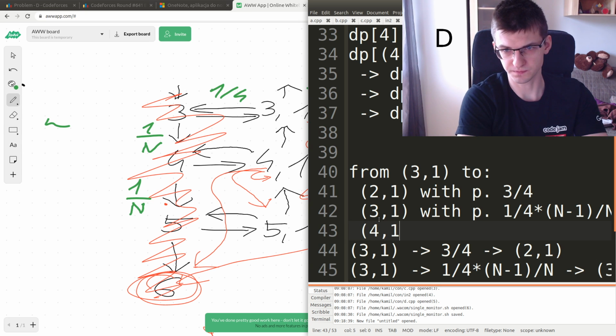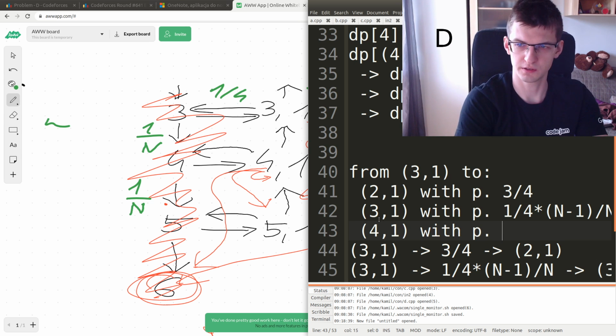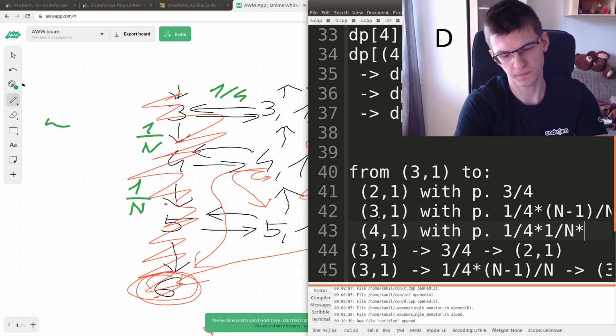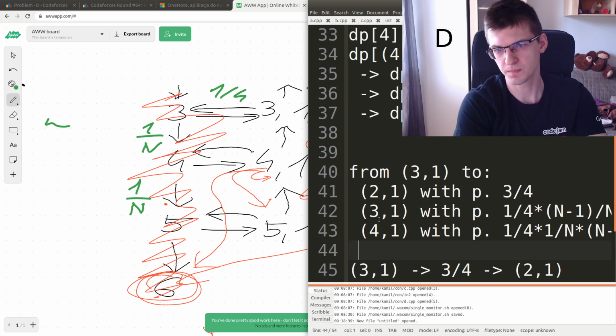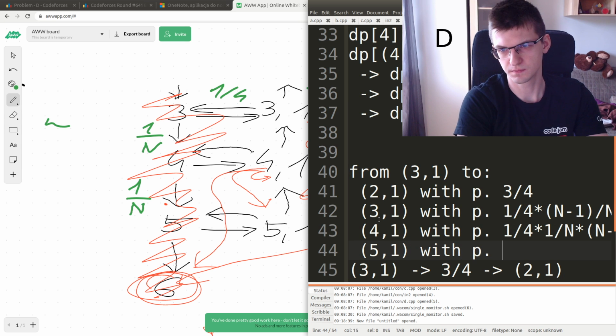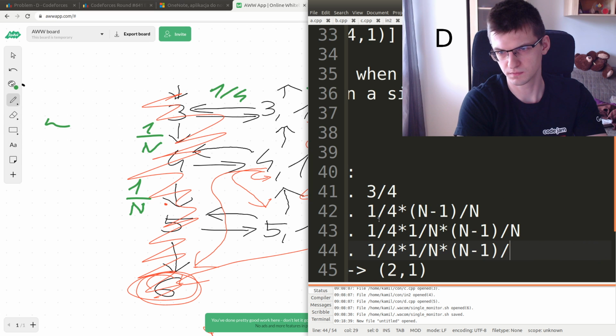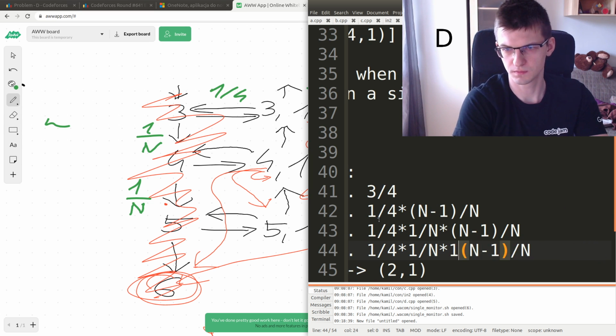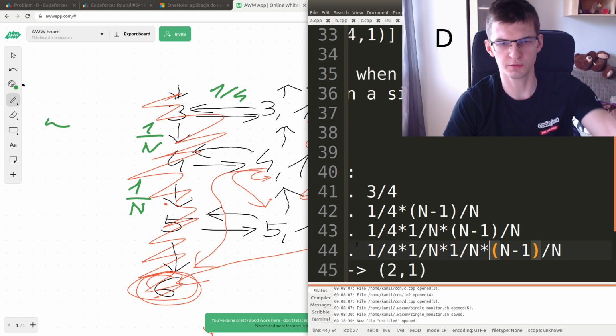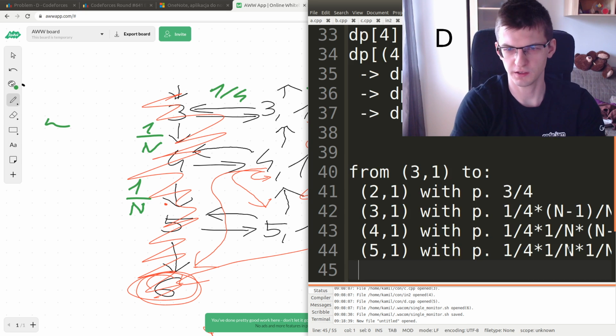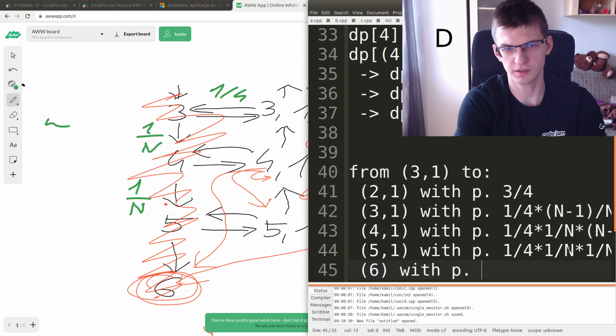To 2/1 with probability, I need to go to the left, then down, then to the right. There's 1/n twice because I go down twice. And finally, to 6 with probability, go to the left and then 3 times down.